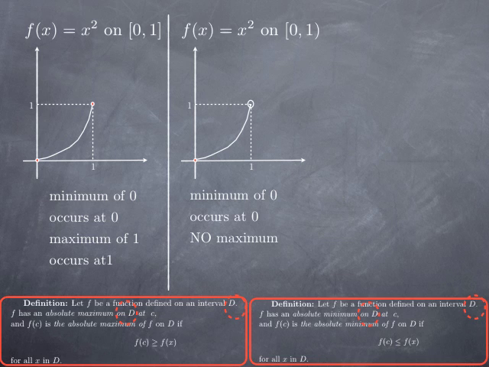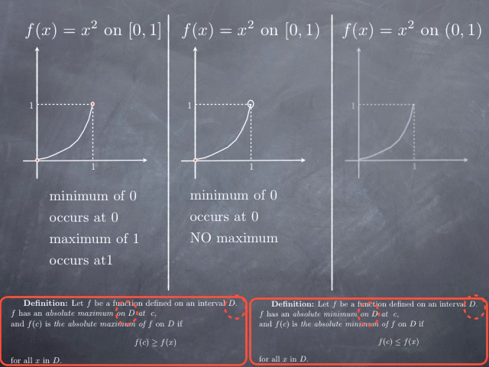In other words, I can always make the value of the function greater. So there is no maximum. With a similar argument, if I consider the function on the open interval (0, 1), then the function doesn't take the value 0, doesn't take the value 1, and therefore there is no minimum and no maximum.